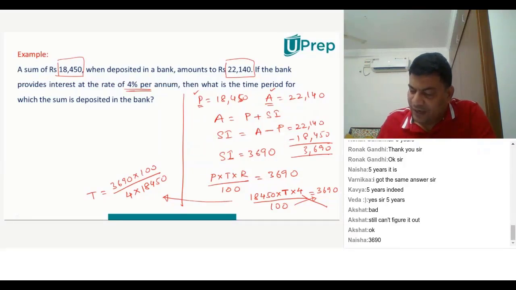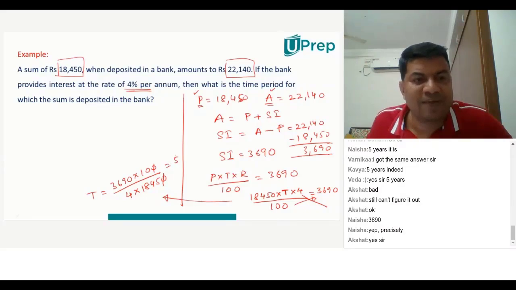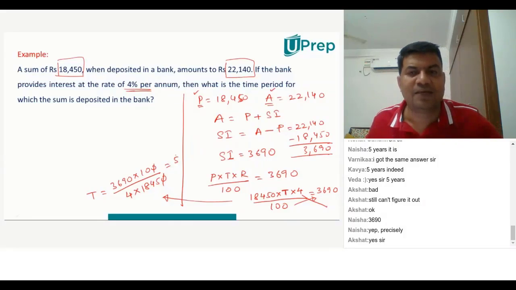You just divide this, 0 gets cancelled. When you multiply 4 into 1845, you'll get a number, and that number, you just divide that. So you'll get the answer as 5. Is everyone okay with the method? That's a standard method. What Ronak has done is a very standard method.